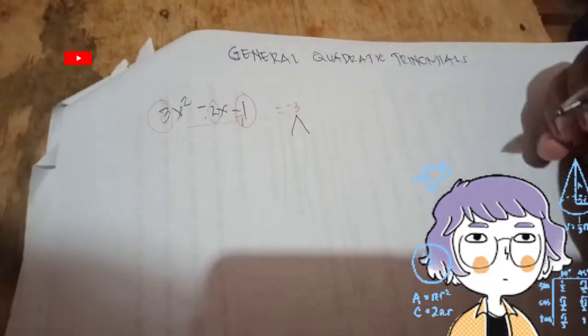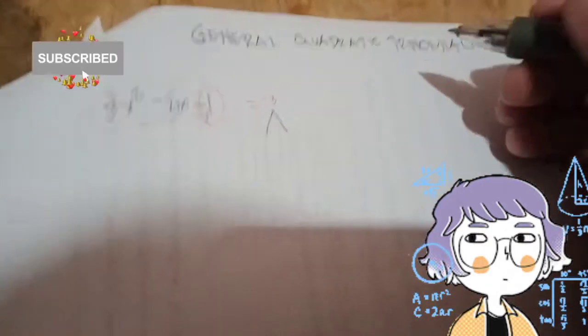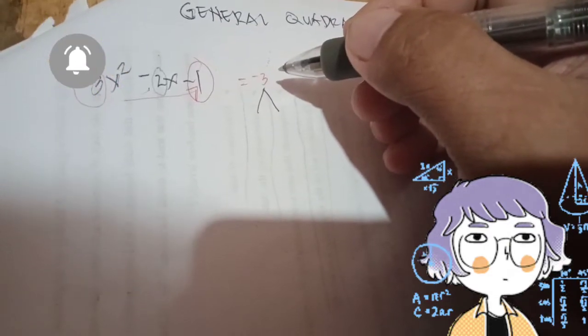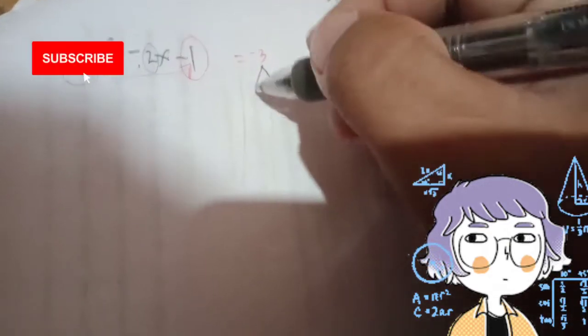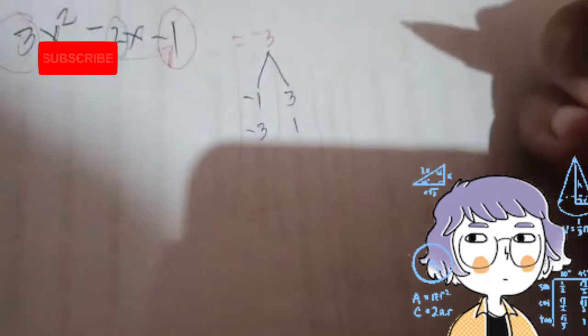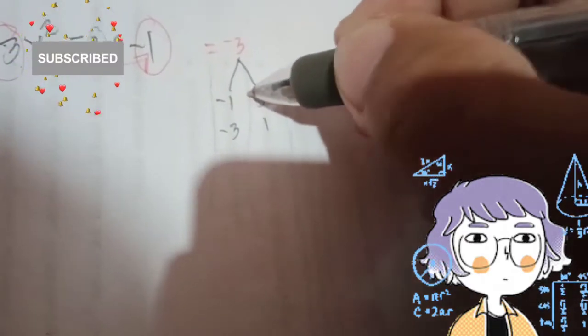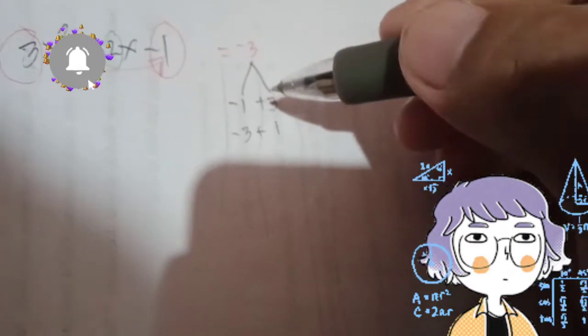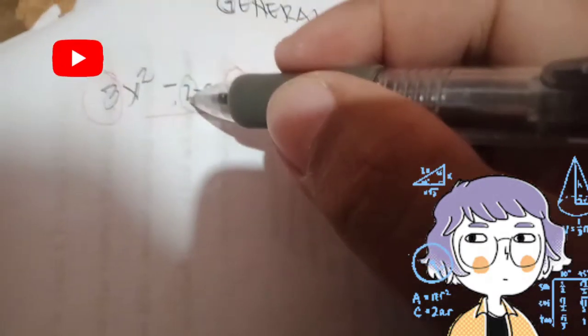The factors of negative 3 are negative 1 and 3, or negative 3 and 1. We add these and choose which one equals negative 2.